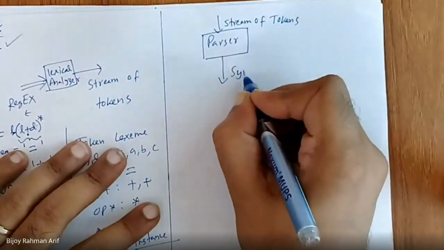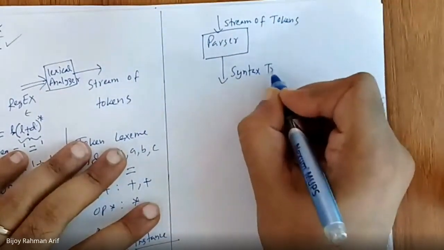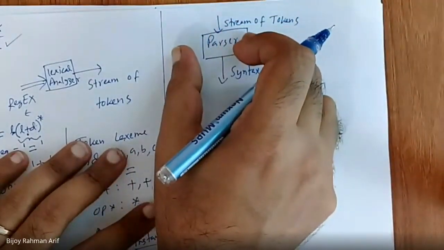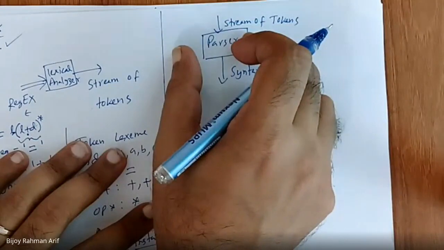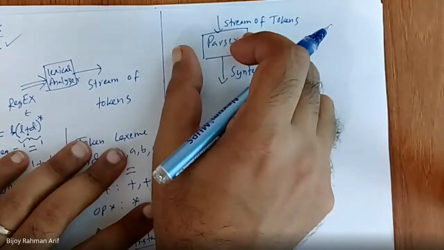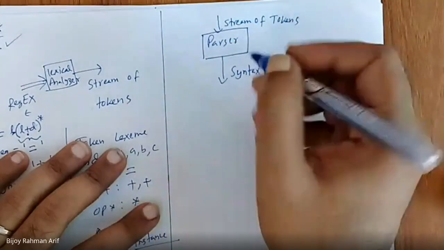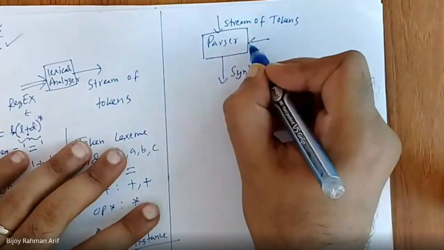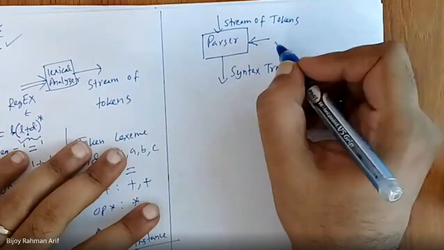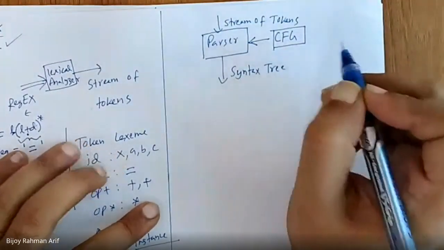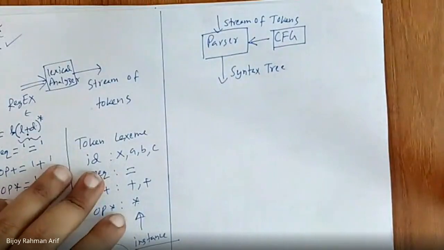And what is the output of the parser? Syntax tree. In this phase, the parser is also going to take help of another automata, which is nothing but pushdown automata or context free grammar, CFG. It takes help from CFG or pushdown automata.